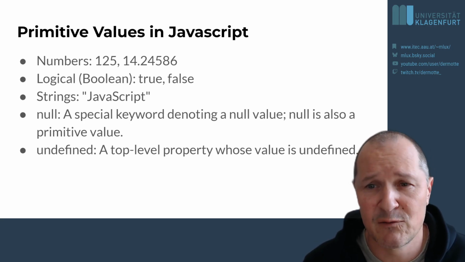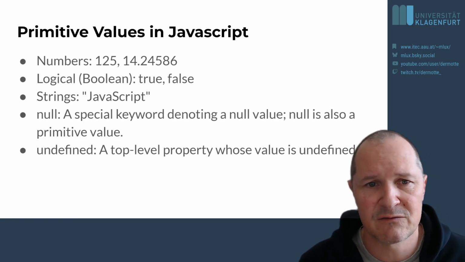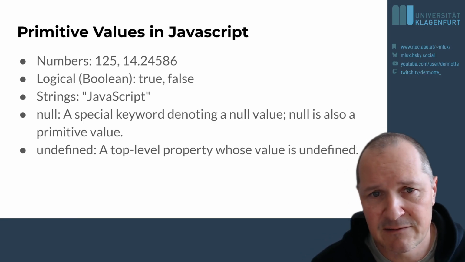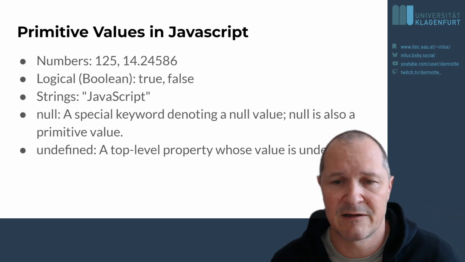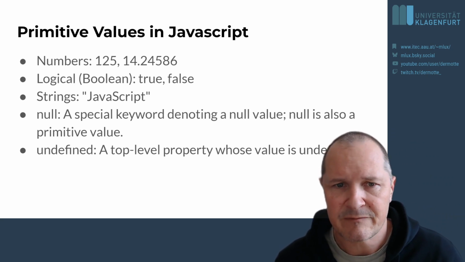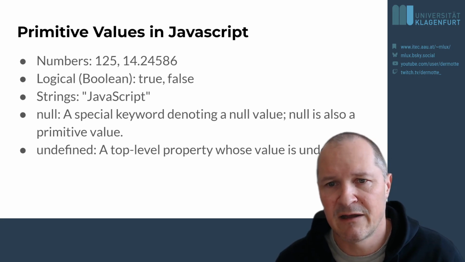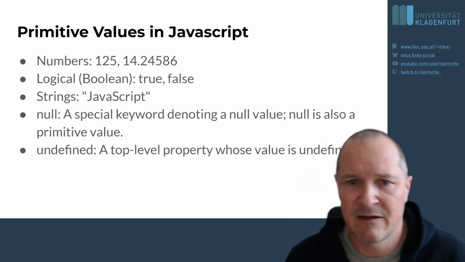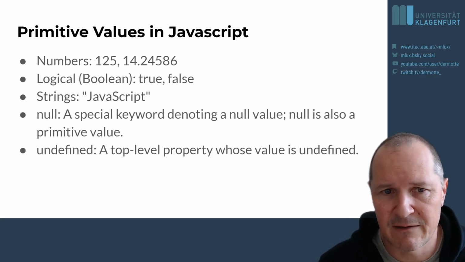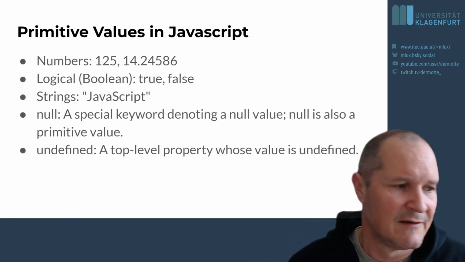So they only have two ways to go, either true or false, and that's actually the keywords you use in JavaScript. You can have strings, which gives you lines of words, paragraphs of words, characters. And null, which is a special keyword denoting a null value, and null is also a primitive value. And there is a top-level property called undefined, which also has the value undefined. So yeah.